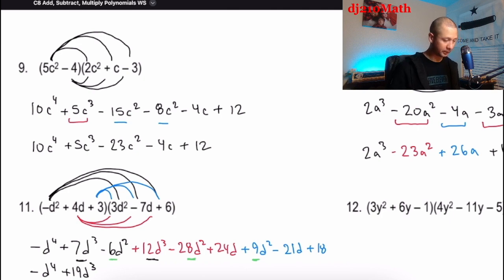Negative 6, negative 28 is going to be negative 34. Negative 34 plus 9, negative 25. So negative 25d squared. All right, just the d terms, we have 24, negative 21. So positive 3d, and the constant 18.